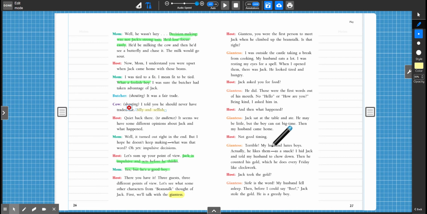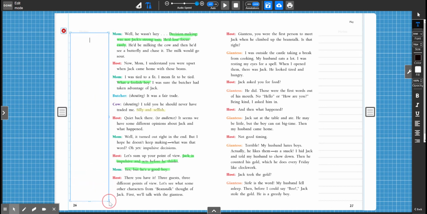We'll start it together and then you will finish it on your own. All right, so we're going to write our summary on page 26. We have a ton of room right there. So you can start by writing the word summary. And basically, we're just going to go through and describe each of the characters' point of view.